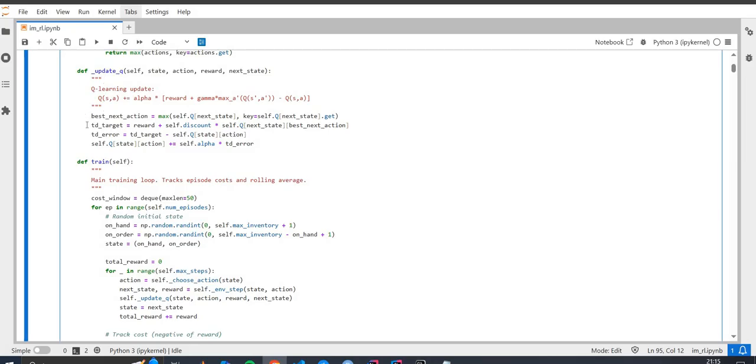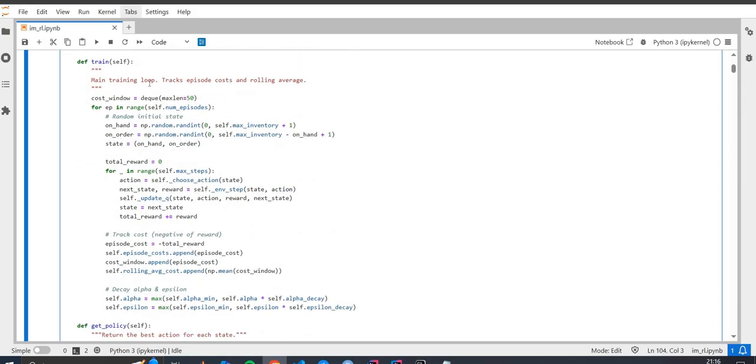And then it calculates the target value, which is the immediate reward plus the discounted future reward. The difference between this target and the current Q value is called the temporal difference error. The agent then updates its Q value by adding a fraction of this error controlled by alpha, the learning rate. This way it gradually refines its understanding of which actions are best.